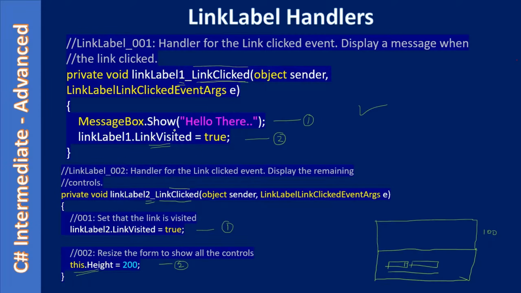But here we used it differently. Here we just expanded the form height. Visiting a hyperlink requires opening IE, then loading the document into that IE instance, all those things. We will learn those in a separate video when we talk about the browser controls.